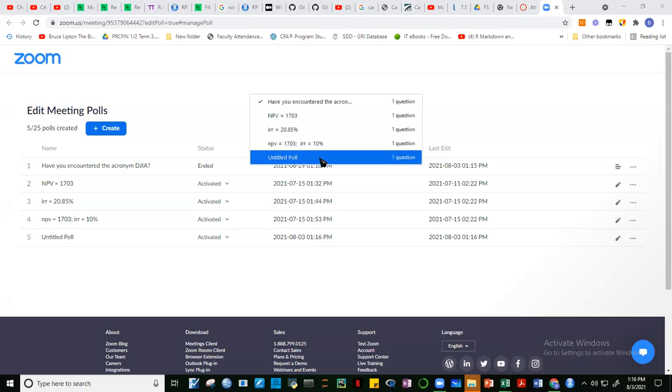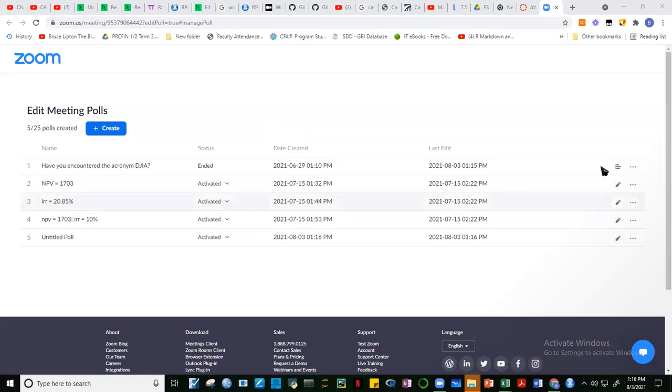A or B? Okay, I want to see your answer. A few more seconds, guys. Waiting for the rest. We don't have 50% answering yet.